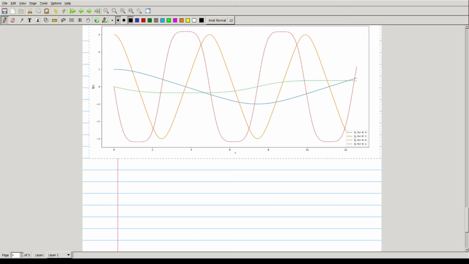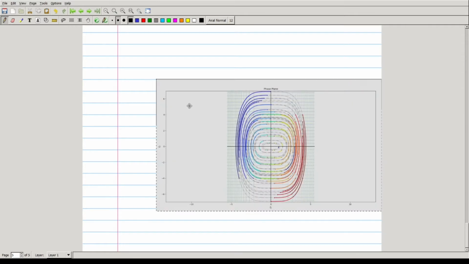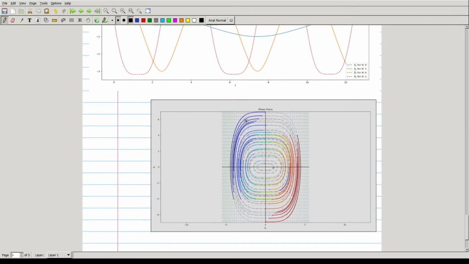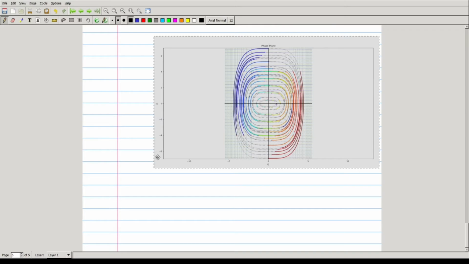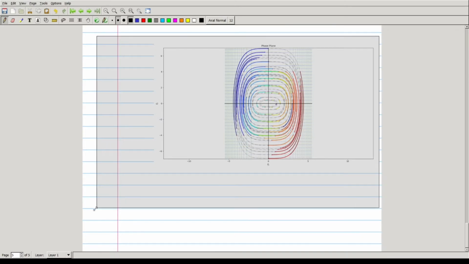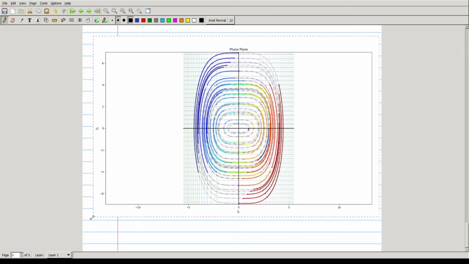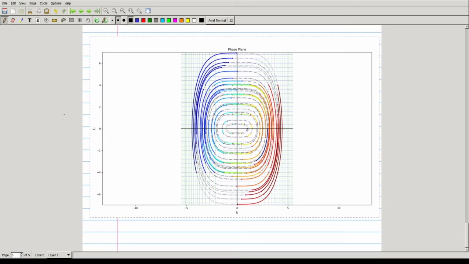So if we take a look at this in phase space, there are multiple different solutions here in phase space, along with those level curves that I talked about before and that we went through and solved for. So this is a picture of what the phase space looks like.